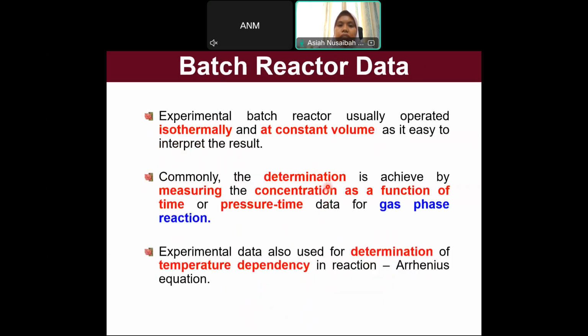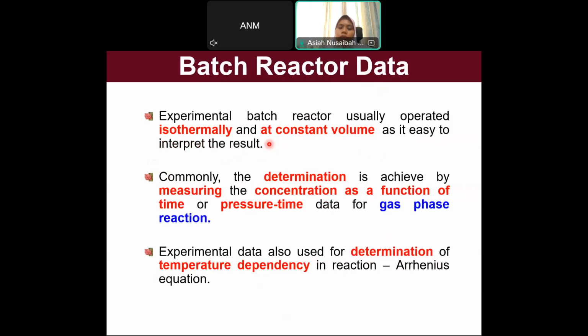In the batch reactor data, experimental batch reactors are usually operated isothermally, T equals T naught, and at constant volume, because the reactor doesn't change shape, so it is easy to interpret the result. You can imagine you go to a lab and you have a beaker or a reactor.